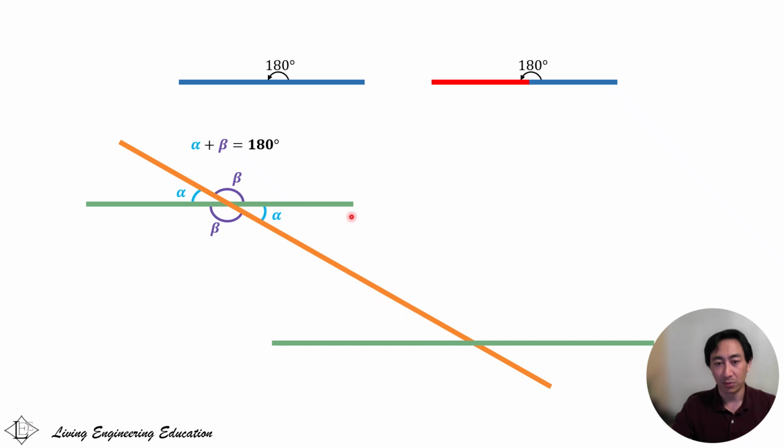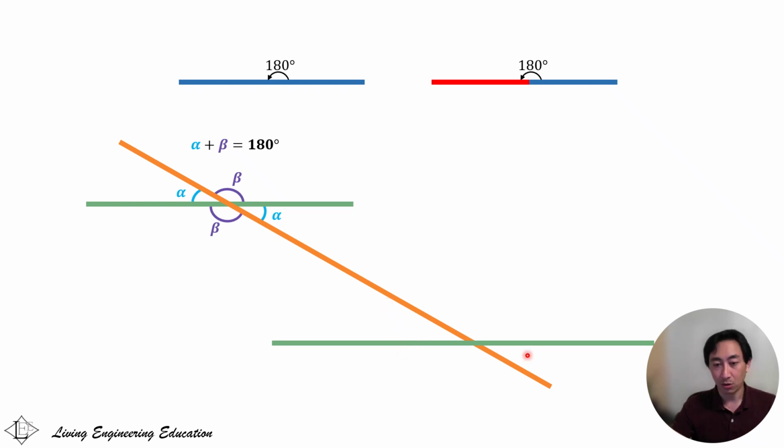That means if I place the green lines near each other, they can stack right on top of each other. It will either be 0 points intersecting as it is here, or if I put it right there, it'll be all the points intersecting. If we look at this orange line and this green line, since they are not parallel, they will intersect at one and only one point. Okay, so that's the definition of parallel.